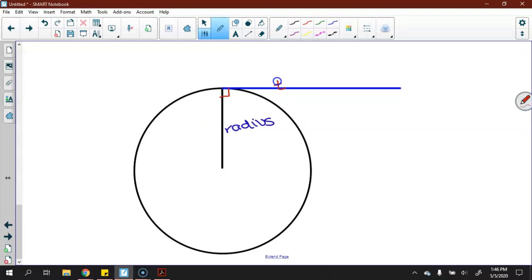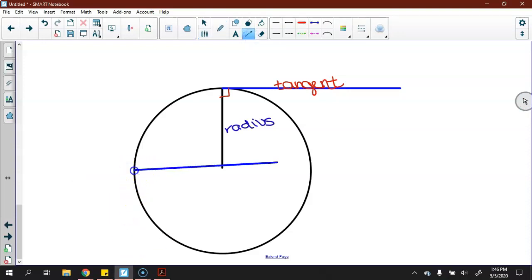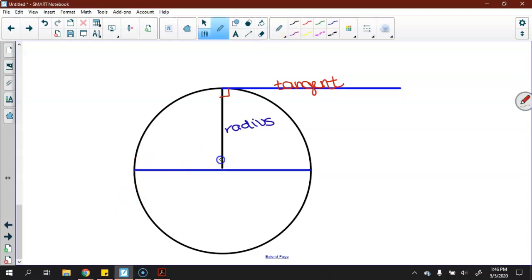That is the only way this is going to be tangent. Correct? Now, the one we just wrote says, if a line is not tangent to the circle, then it can't be perpendicular to the radius. Now, here's the problem. I can actually create a line right here through the center of the circle that is still perpendicular to the radius, but it's not tangent. So that's got a single counterexample that would prove it false.